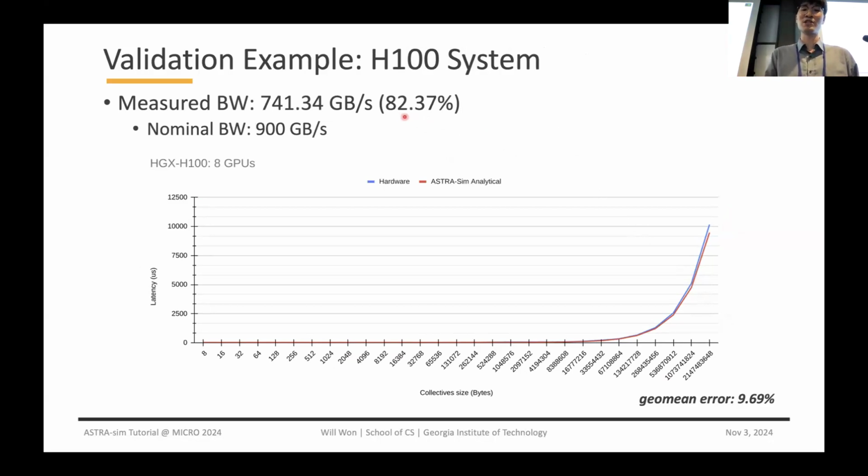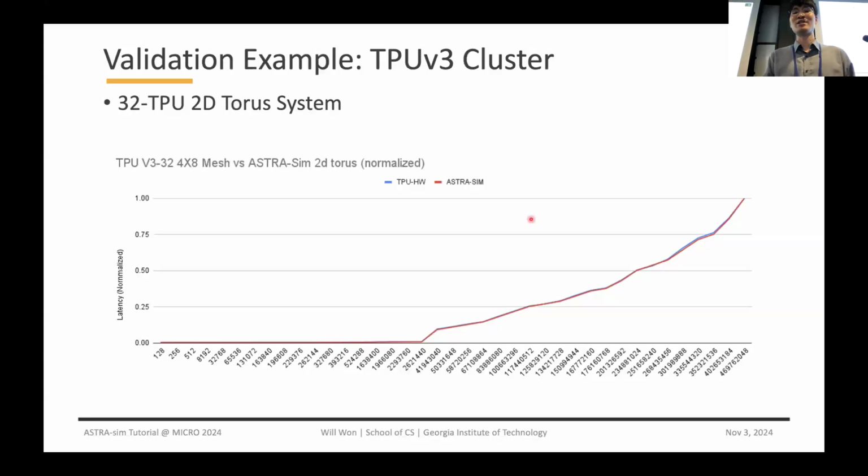The network bandwidth efficiency was around 80% of the reported nominal bandwidth. And by using these numbers, we were able to get roughly 10% geomean error using the simplest analytical backend. As well as we have this cloud TPU-based 2D Torus system validation results as well. And as you can see, they're also fairly matching.